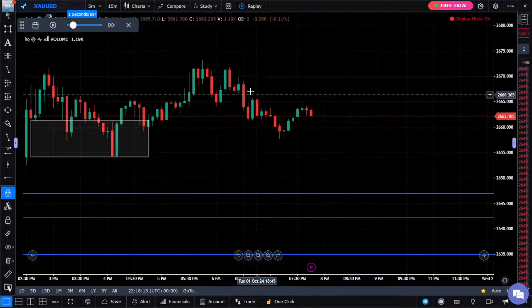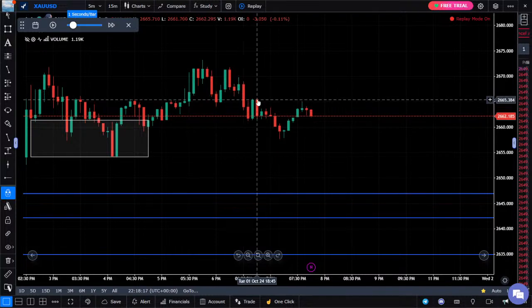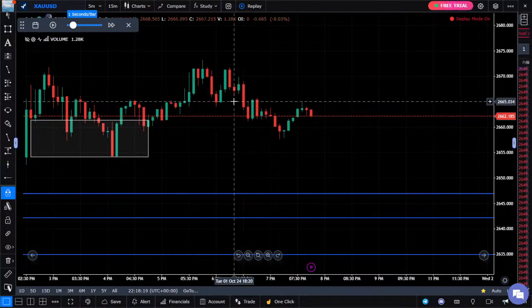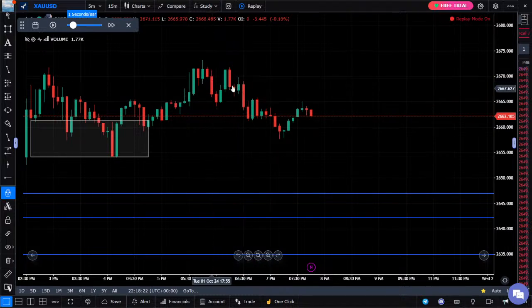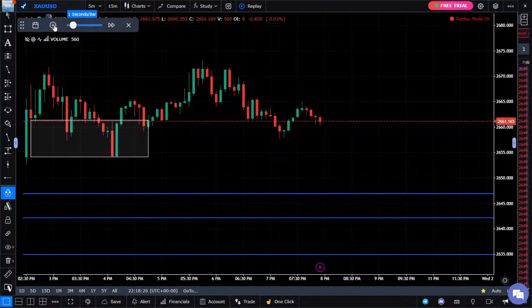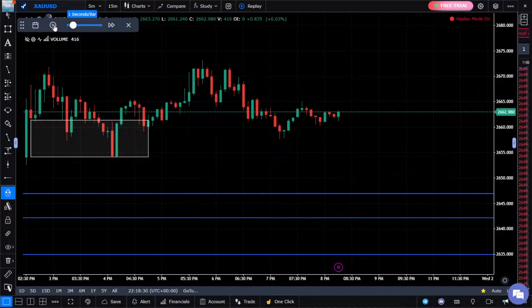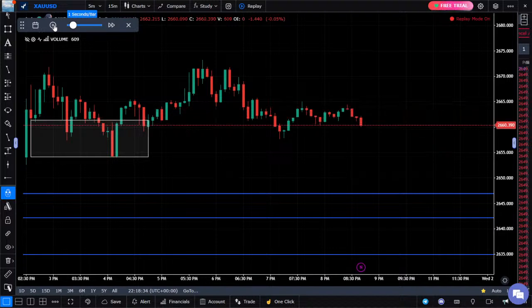Thinking there might be a fair value gap here because this was tested. I would say this one, but these went straight through it. Yeah, I think it is.